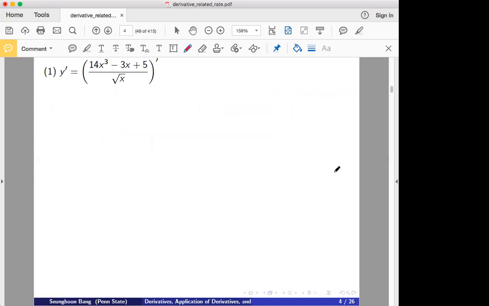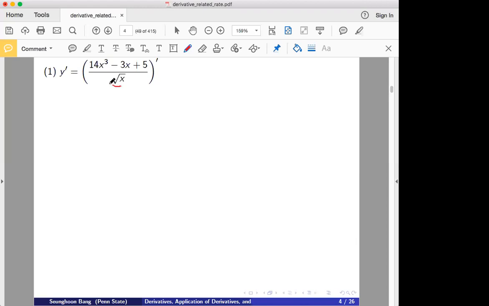First one, what's y prime, the derivative of (14x cubed minus 3x plus 5) over square root of x. How can we solve it? Do you want to use the quotient rule? Is the quotient rule possible? What do you think? How can you find the derivative of this one? The quotient rule is one possibility. It works, but it's complicated.